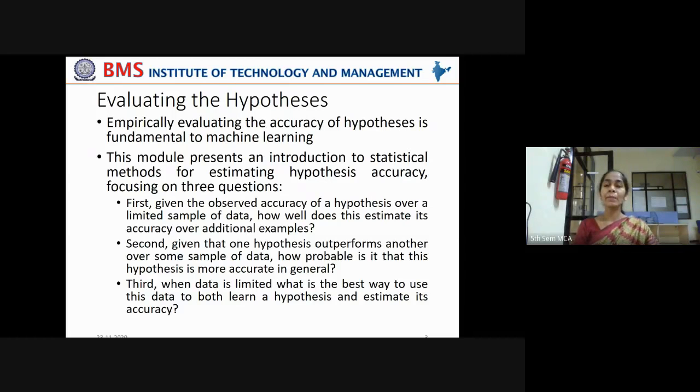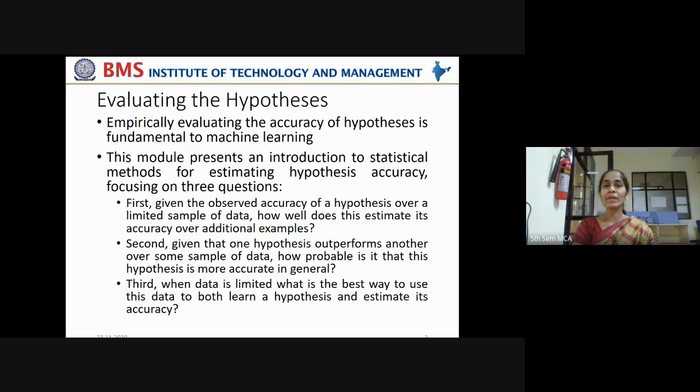Empirically means if you want to gain experience from observed data, then it is called empirical analysis, right? Empirically evaluating the accuracy of hypothesis is fundamental to machine learning. You always gather the data, formulate the hypothesis, and show how much the data is supporting the hypothesis.